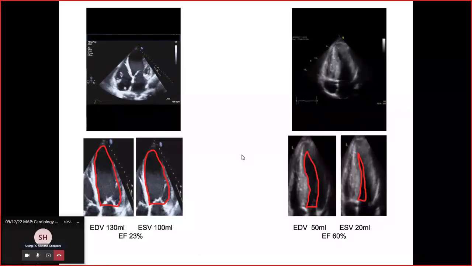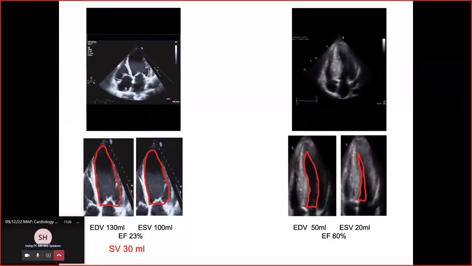But if we come to assess the stroke volume in both cases. Stroke volume means the blood ejected in each cycle. So here, the end diastolic volume is 130 and the end systolic volume is 100, which means that the ejected blood is 130 minus 100, which is 30 mils. So the stroke volume here is 30 mils. The normal stroke volume is 50 to 100.